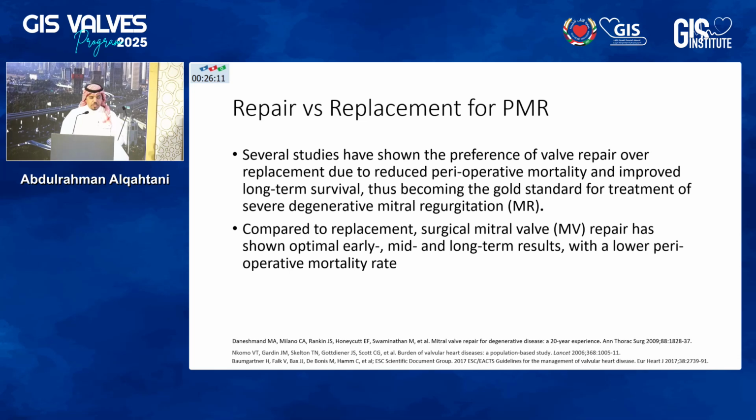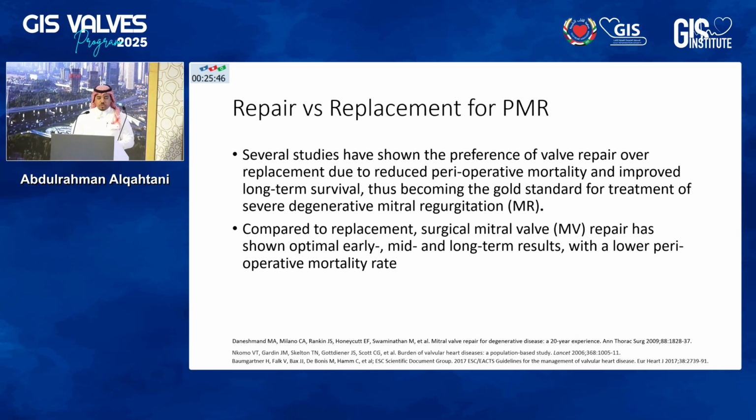So, what is the stance with regard to repair versus replacement for degenerative or primary mitral valve regurgitation? Most of the studies show that surgical repair is the best approach. But unfortunately, it's not very standardized because it depends on the surgeons and their skills and how much they do.